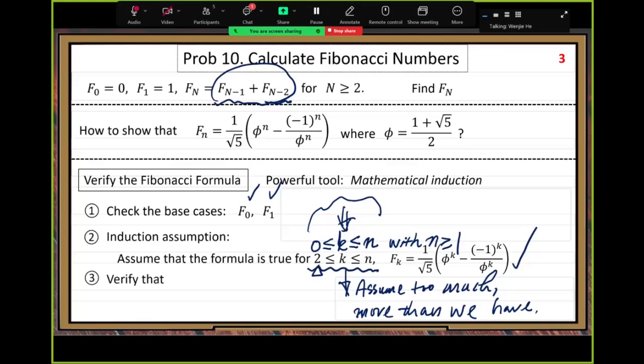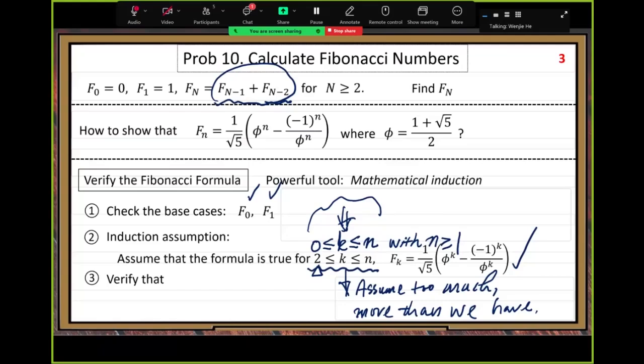Now we want to expand the upper bound of the range, n. And n is the upper bound of the range. We want to make it as large as possible. So by step 3, we want to show it's legal to expand the upper bound of the range by 1, only by 1. Every time we increase that range only by 1 number.